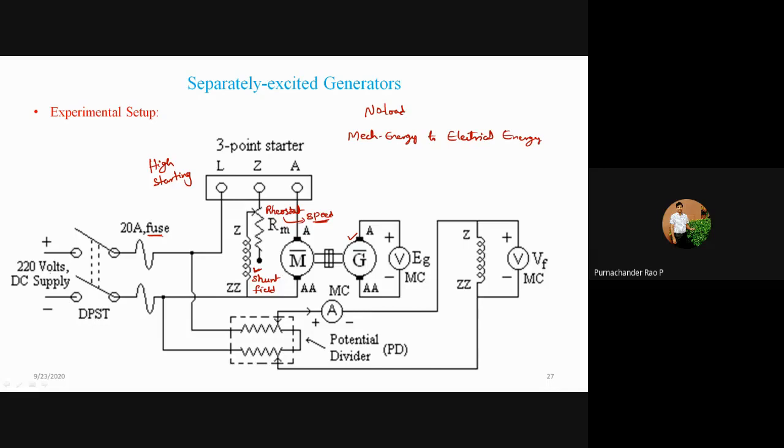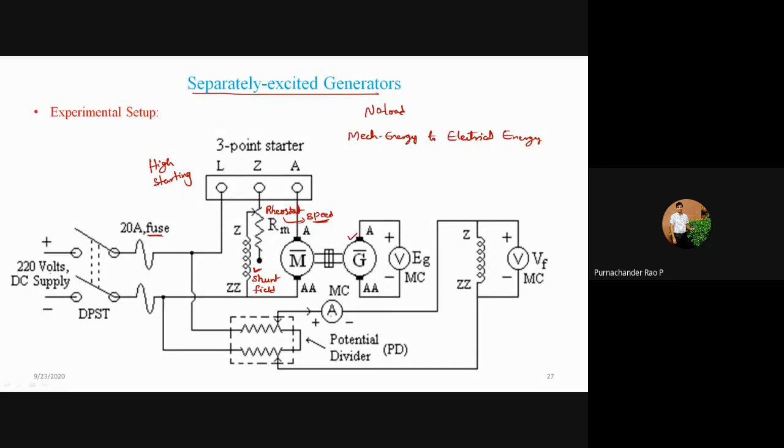Now the field winding of your generator is represented here. This is Z and ZZ. Our machine is a separately excited generator, and therefore we are separately exciting our field winding with the help of this DC source, and we are using a potential divider circuit to obtain a variable voltage across the field winding of the generator.